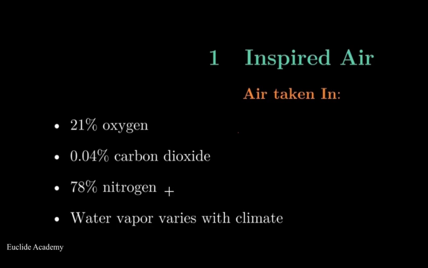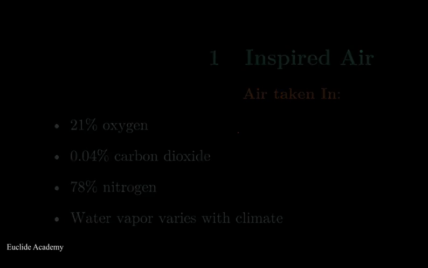Water vapor varies according to the climate or the conditions of our surroundings. Probably someone is sleeping in a room where there's hot air or dry air, so that will vary with the environment of the person when it comes to water vapor. So these are the composition of air which is being taken in: 21% oxygen, 0.04% carbon dioxide, and 78% nitrogen. When we breathe in, this is what we breathe in.